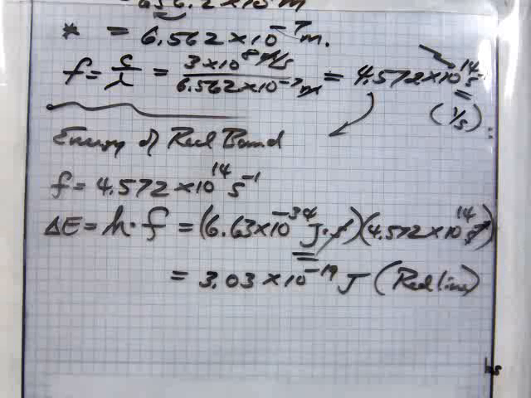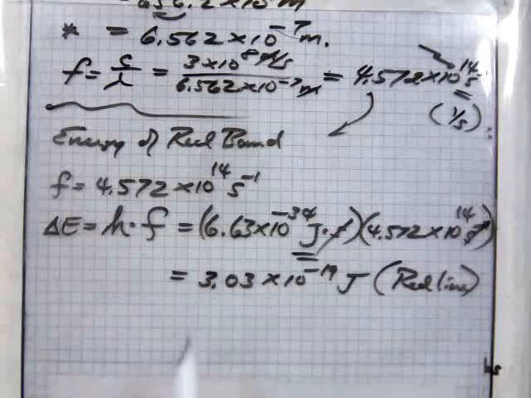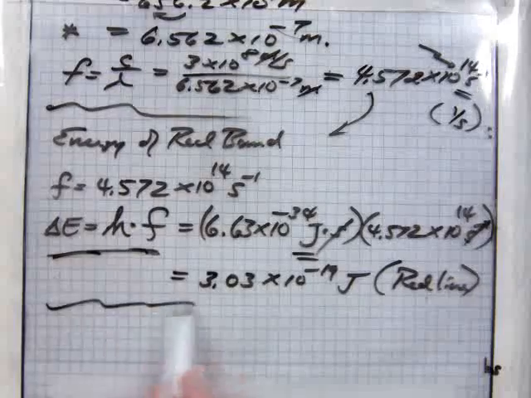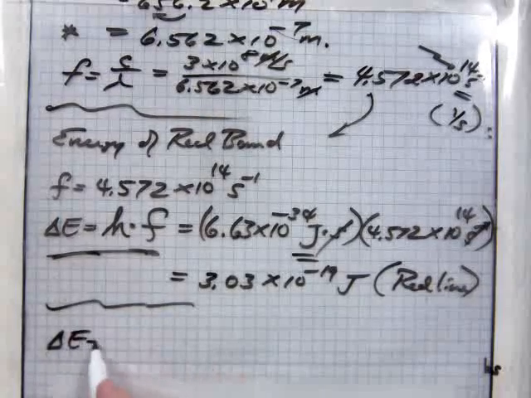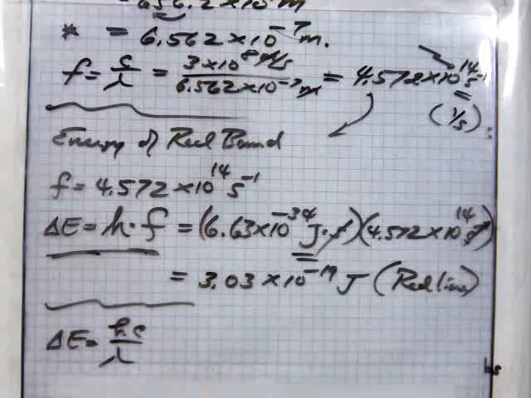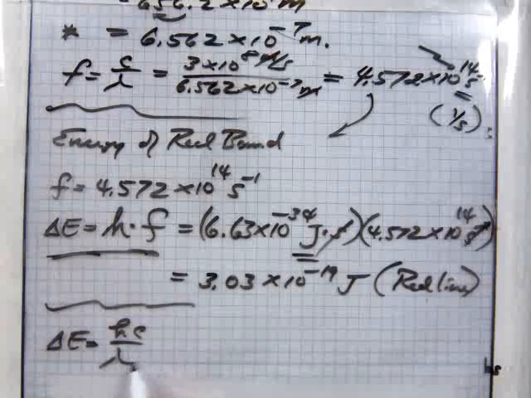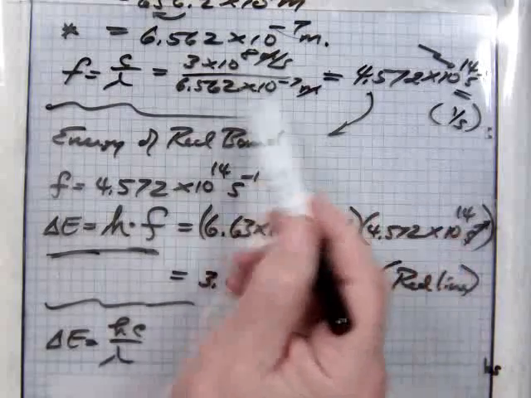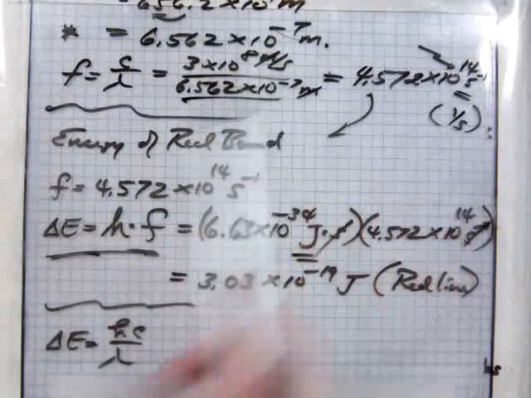Now, you can also calculate this energy given wavelength. Now, this is the equation between energy and frequency. But remember, delta E equals hc over the wavelength, inversely proportional: longer wavelength, lower energy. So given the wavelength of the red light, it has to be in meters.